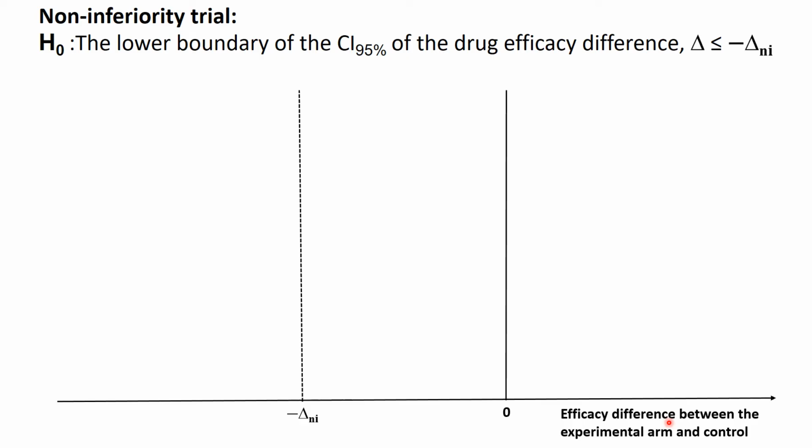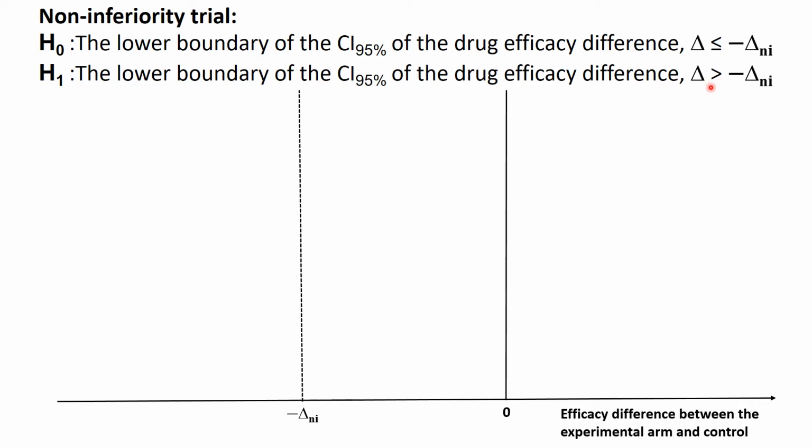This is what we've already learned. It has to be less than or equal to this particular threshold. Remember, the alternative hypothesis, or research hypothesis, was that it should be greater than the minus non-inferiority threshold for us to say there's non-inferiority.